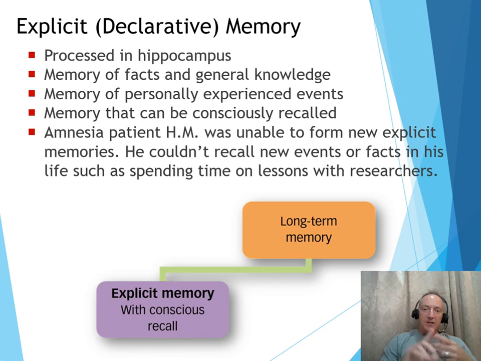So facts, knowledge, your own life events, everything prior he could tell you about, but he could not form any new explicit memories from the moment of the surgery on. So no new facts, no new names, no new knowledge was encoded.